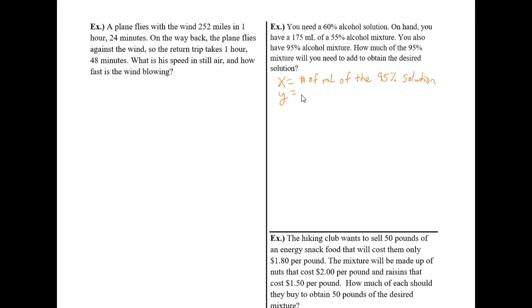The other thing that we don't know is how much we're going to end up with, right? It doesn't say you need to end up with 200 milliliters of the 60%. We're starting with this 55% and mixing in a certain amount of that 95%, and we don't know how much 60% we'll end up with because we don't know how much of the 95% we're putting in.